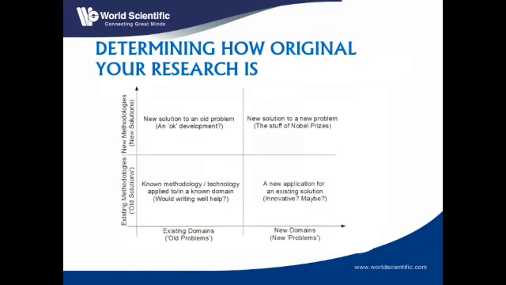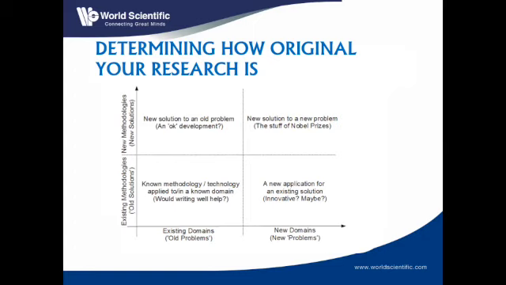And also, there's a way to tell how original your research is. We have old problems and new problems. We have old solutions and new solutions. So when you're solving a new problem with a new solution, then definitely it's the best research paper one would want. However, it's usually not the case.